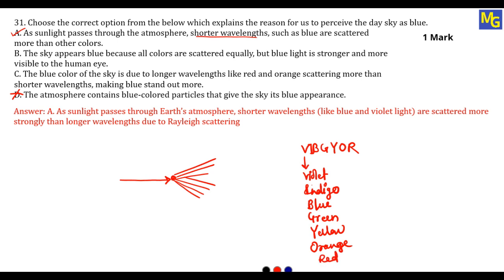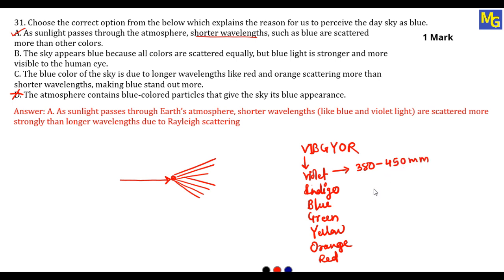So these are the 7 colors which we have. If you see all the 7 colors and their wavelengths, we can write like this. Here the blue color or the violet color, the wavelength is somewhere in the range of 380 to 450 nanometers.